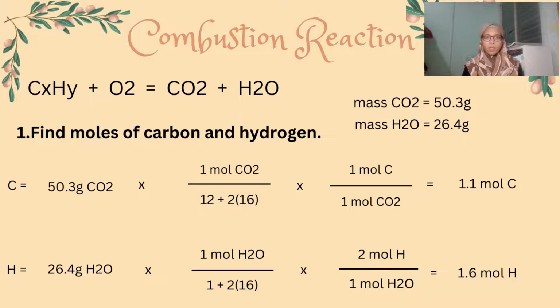So the answer will be 1.1 mole of carbon. For hydrogen, the mass of H2O, which is 26.4 gram, will be multiplied by 1 mole H2O divided by the molar mass of H2O, and then multiplied by 2 mole of hydrogen divided by 1 mole of H2O. So the answer will be 1.6 mole of hydrogen.